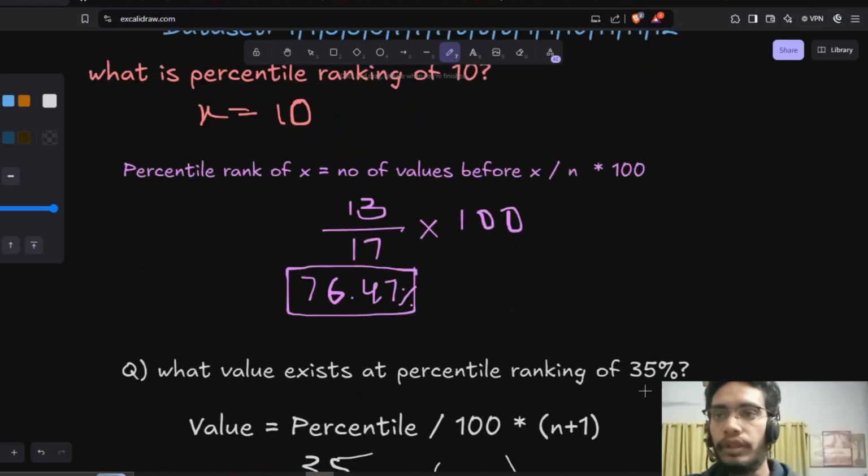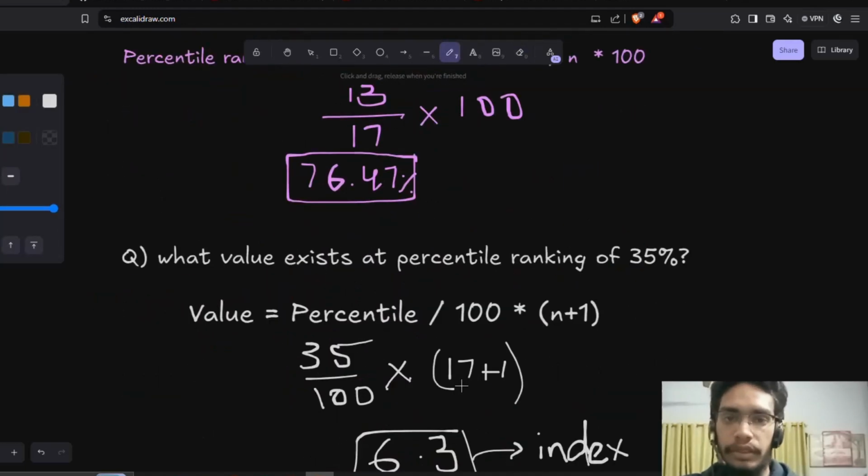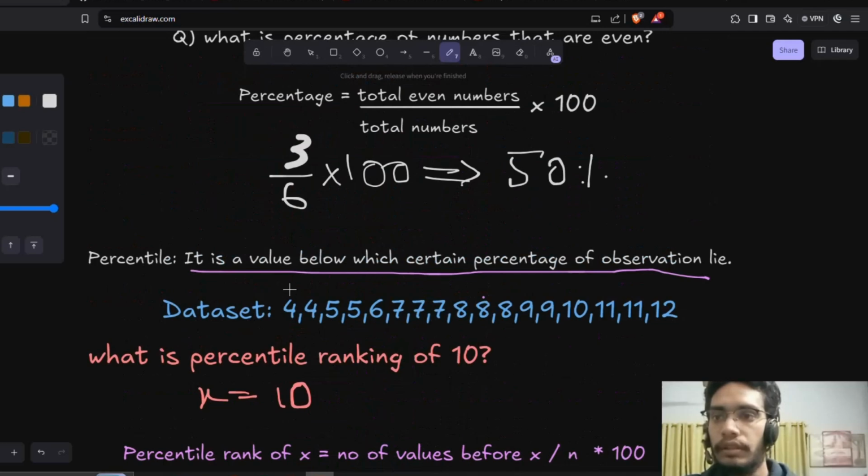So if I go back to our distribution here, we got a 6.3 index. So this is 1, 2, 3, 4, 5, 6, right? So 6 lies here and we got 6.3. So 6.3 would be lying between these two.